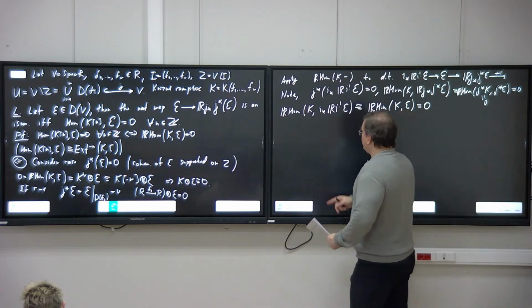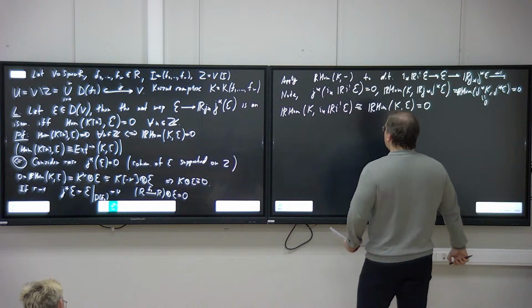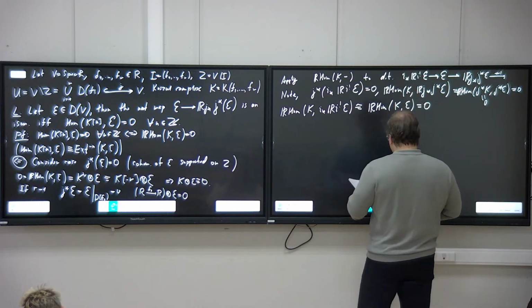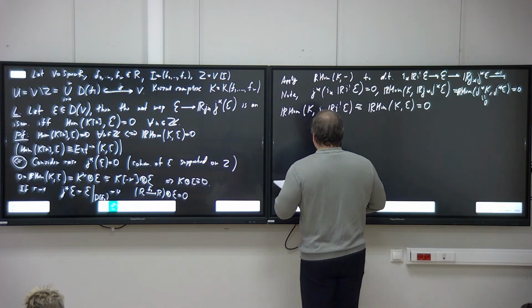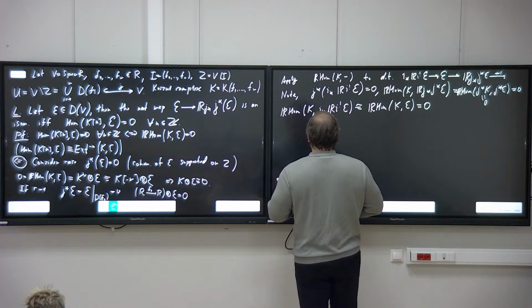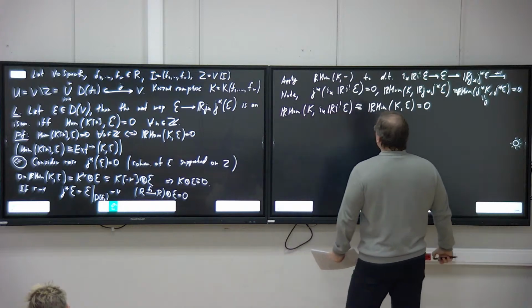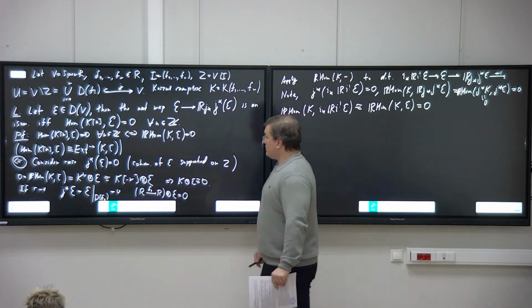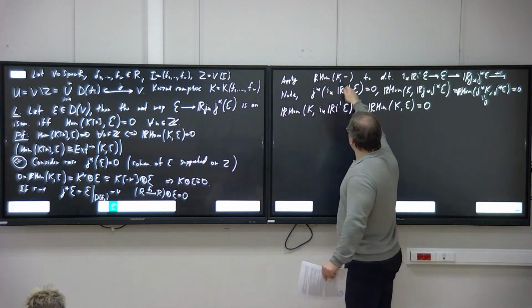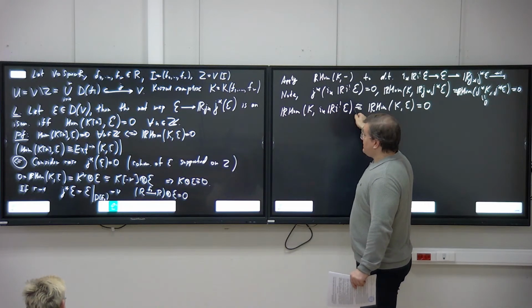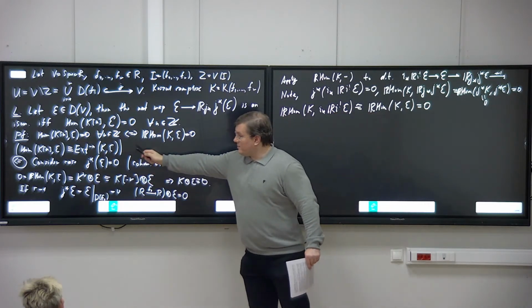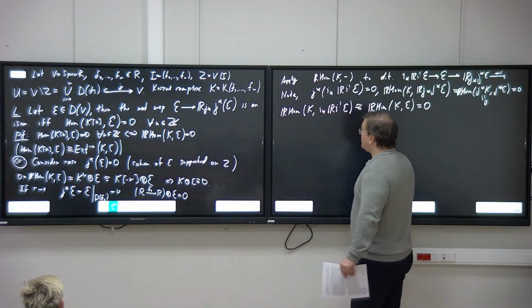So then we have that RHom from K to this first vertex in the triangle is also 0. And since we know that this object that we have here is satisfying the special assumption, and by the argument that we had before, we prove that this is 0.